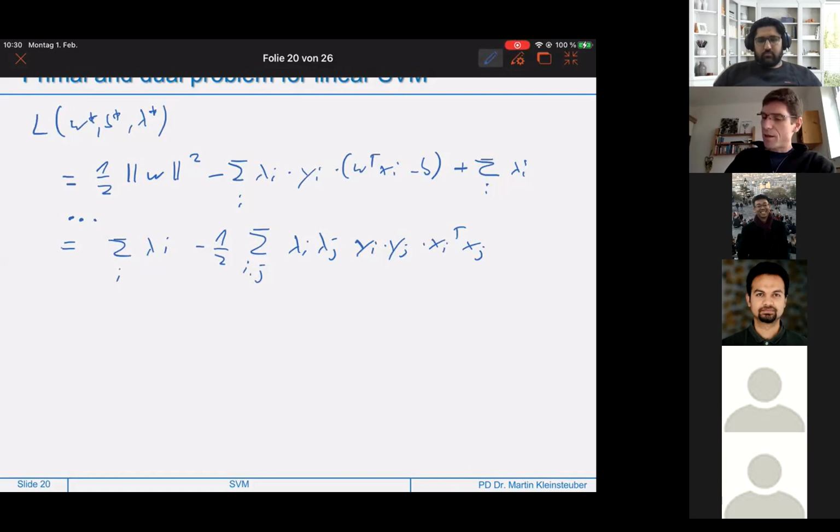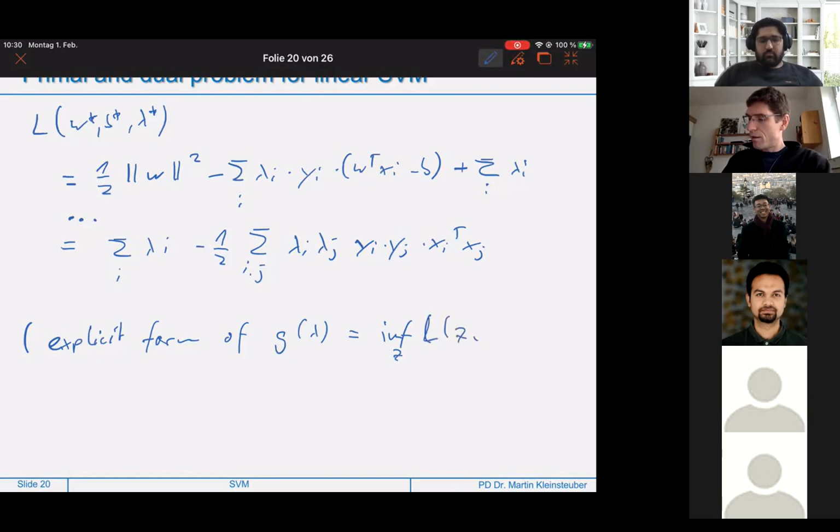This corresponds to the explicit form of G lambda, which was the infimum of L over z in lambda. Remember?